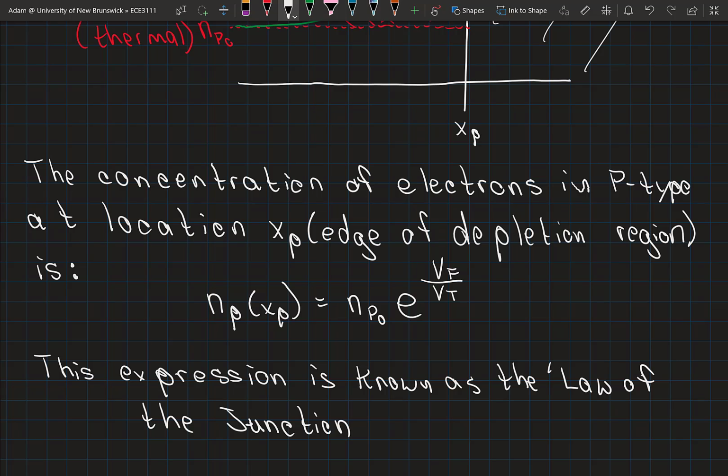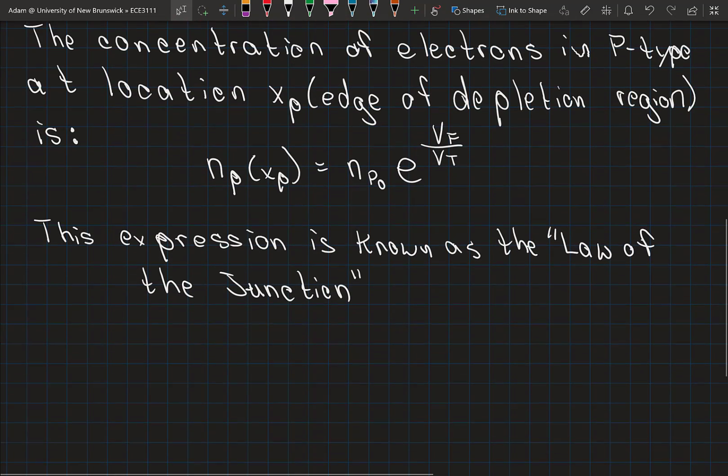Okay, so it's relating the forward bias that's applied across that junction and reduces that junction potential to the concentration of minority carriers at the edge of that junction.